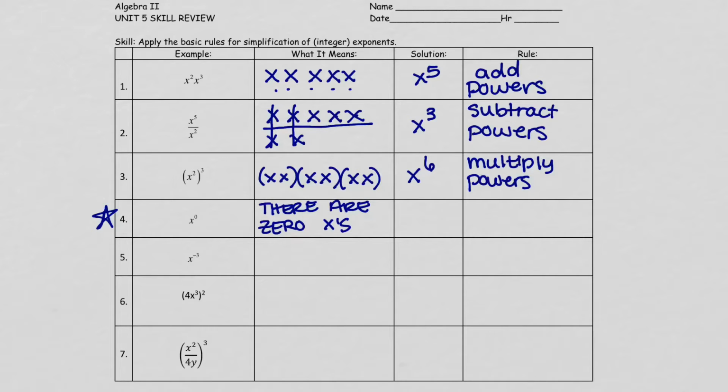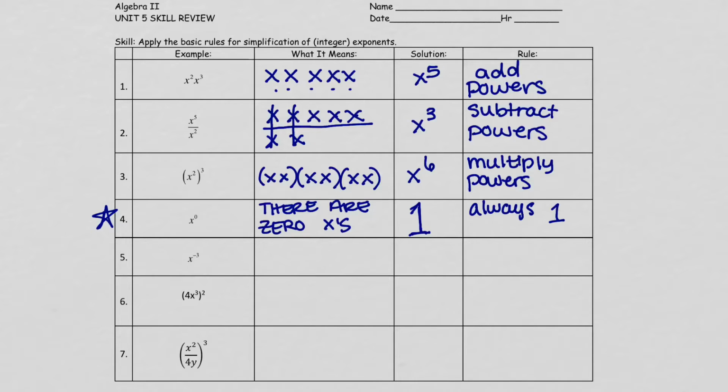I mean, there's still the ability to have an x in there. So anytime that you have something to the 0 power, it becomes 1. Okay, so this is always a 1. So if you have some huge number inside of parentheses and it's all to the 0 power, it becomes 1.